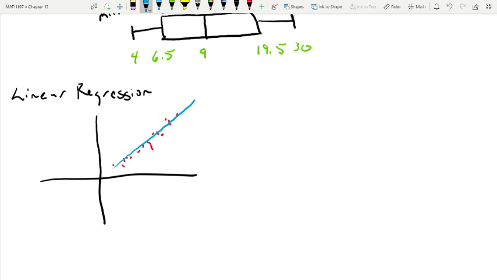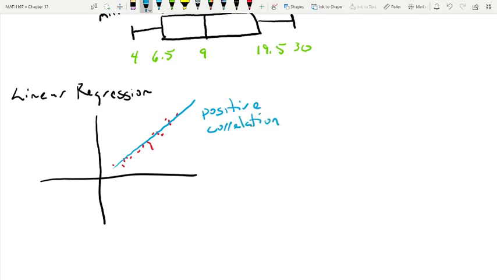So what we're going to do is come up with the equation of that line and see how good that correlation is. So we could have a few things happening here. We're going to have something like this, which is a positive correlation. As x gets larger, the y gets larger.